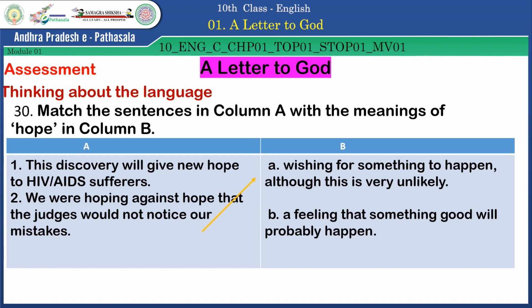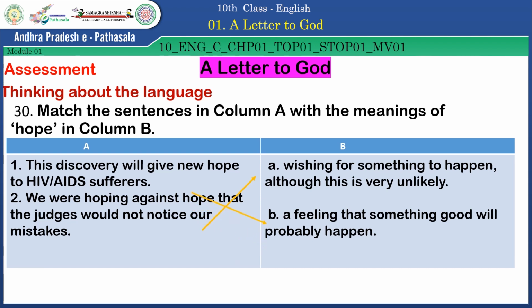Yes, you're right. So we were hoping against hope that the judges would not notice our mistakes will go with wishing for something to happen, although this is very unlikely.